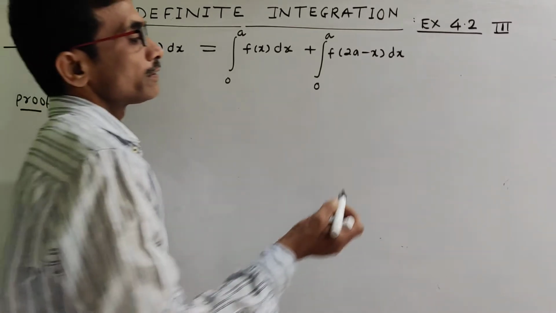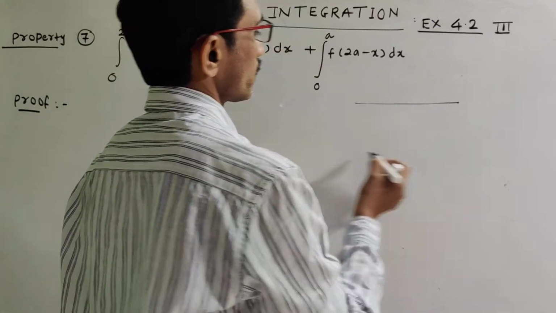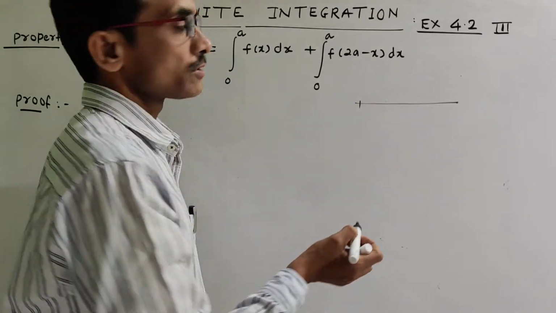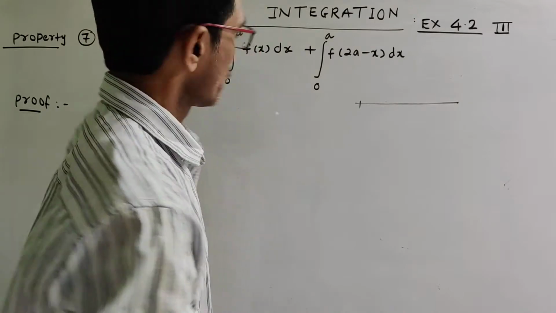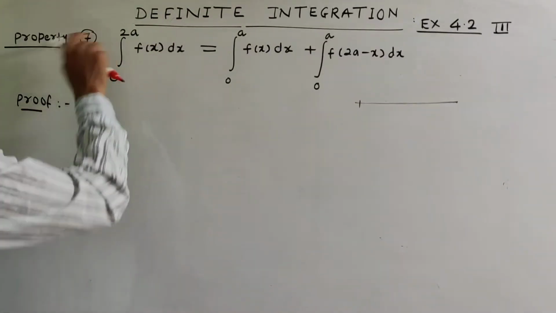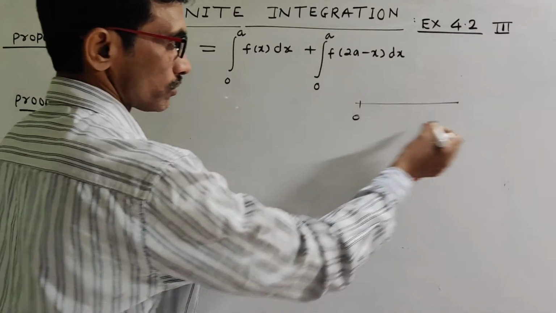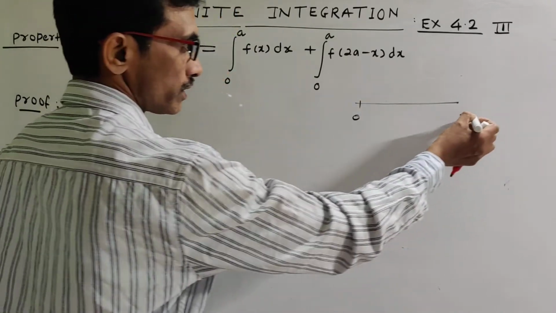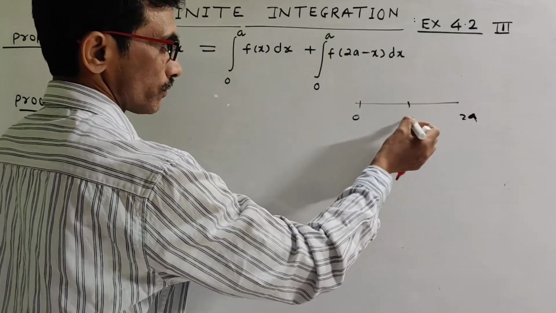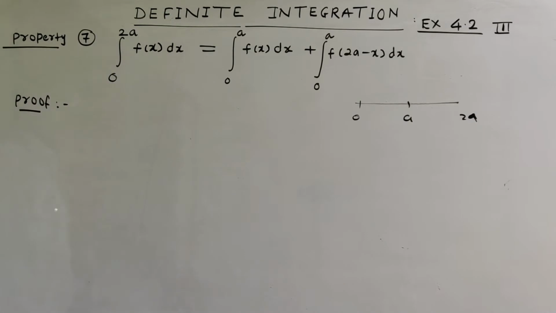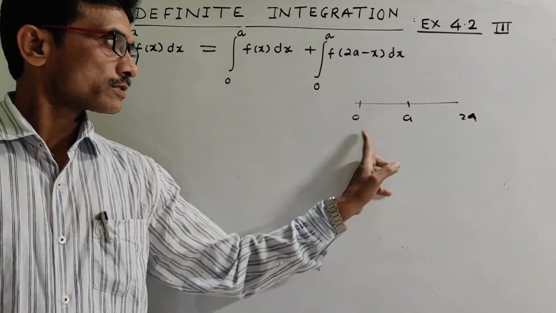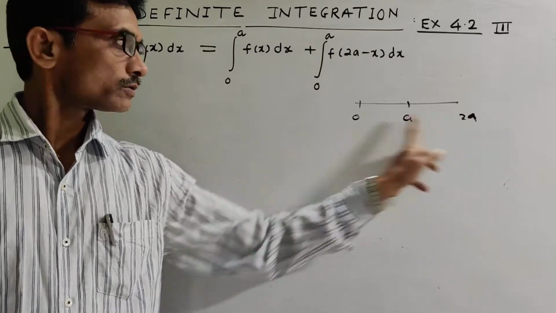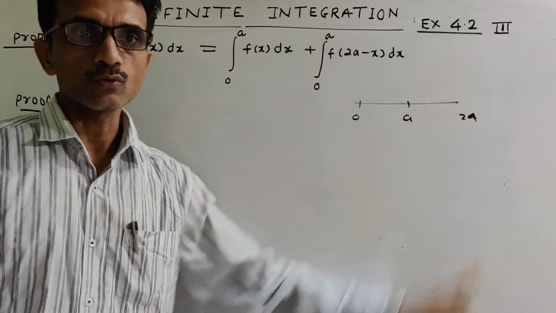As earlier in the previous video we did this property that integral a to b f(x) dx is equal to integral a to c plus integral c to b. Now here we have limits 0 to 2a, and in between 0 to 2a we can say it is a. So we can apply the property, that means 0 to a plus a to 2a.